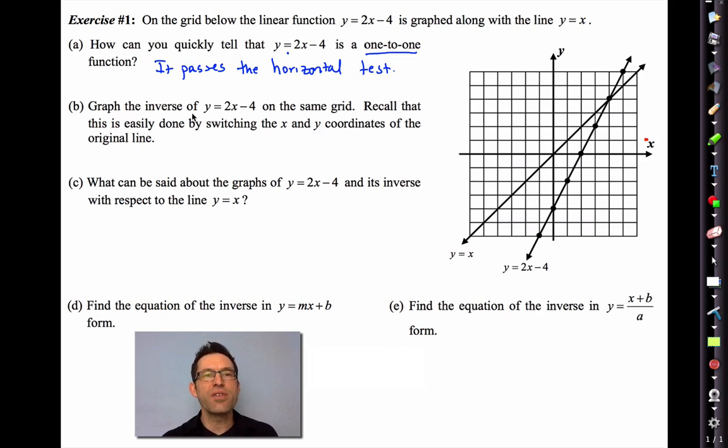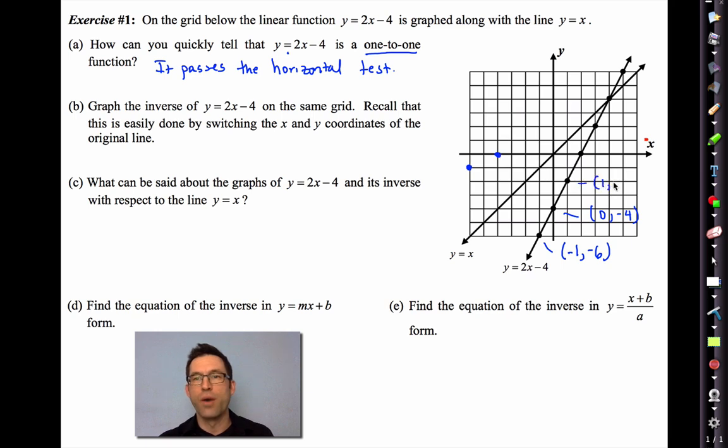Letter B says, graph the inverse of 2x minus 4 on the same grid. Recall that this can easily be done by switching the x and y coordinates on the original line. So for instance, this point has coordinates 6, -6, so the inverse will have coordinates of -6, 6. This one, which is at 0, -4, will now be at -4, 0.